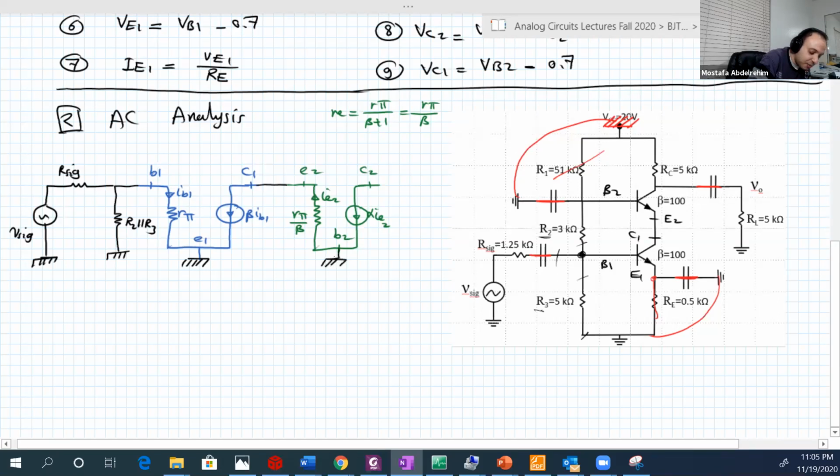Very nice. And now collector 2, you have 2 branches, one with RL to ground and one with RC to ground. RL, RC.